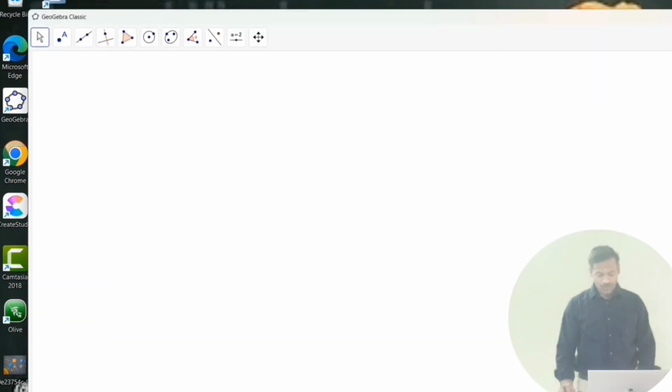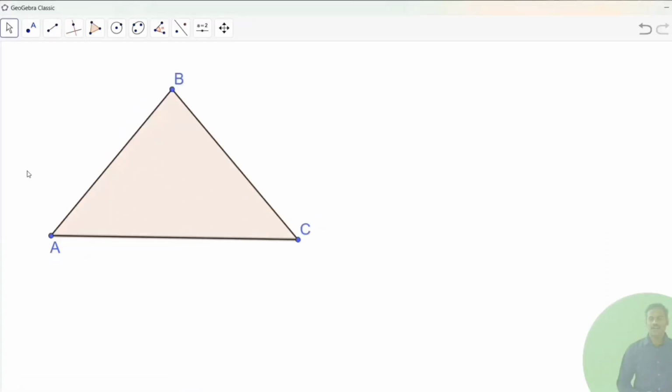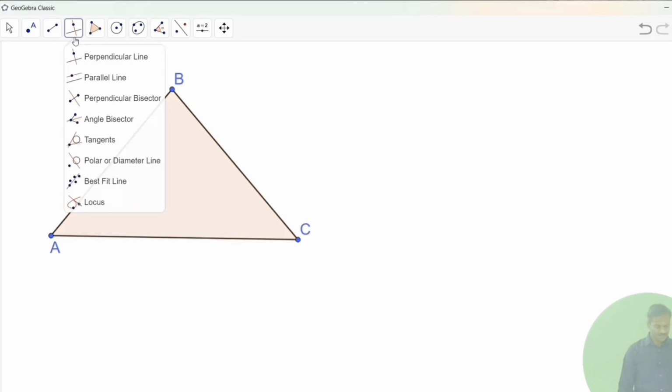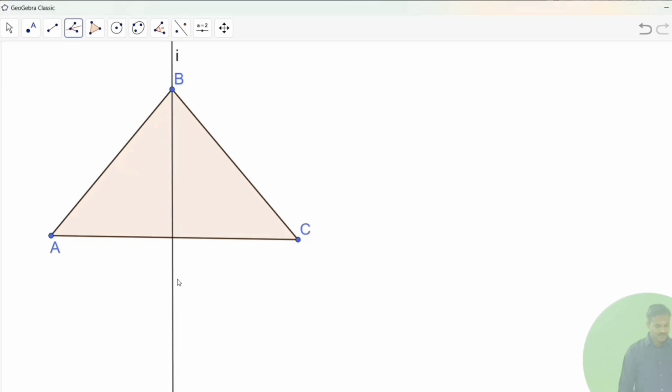For this, I am going to open GeoGebra Classic here. In that, take a triangle ABC. From B, draw an angle bisector. And this point is D. So the angle bisector divides it into two smaller triangles. Let us check the angle.